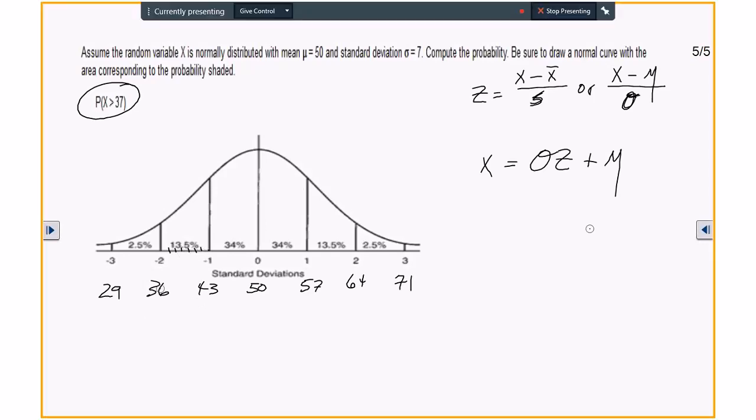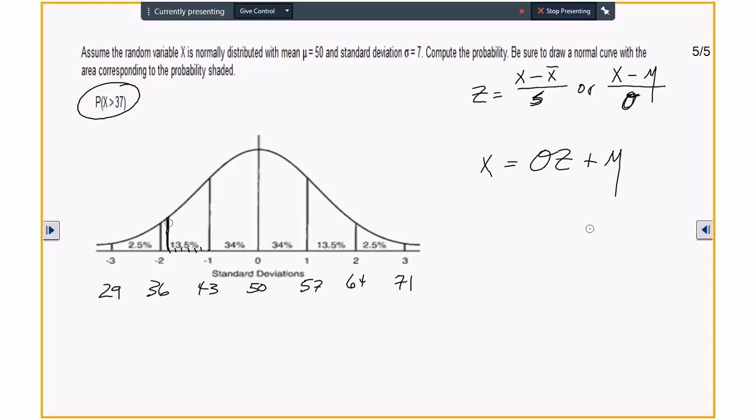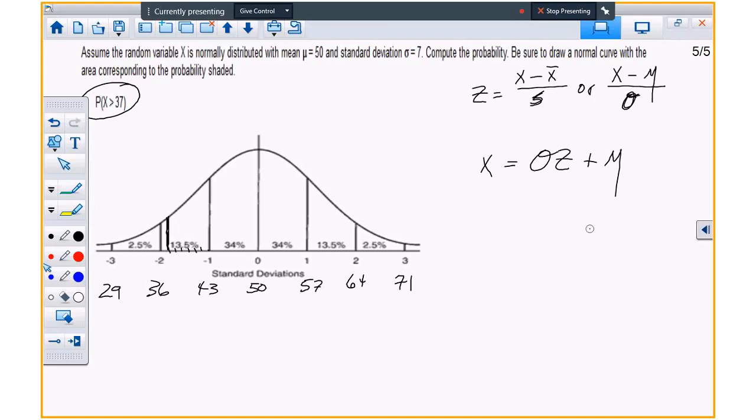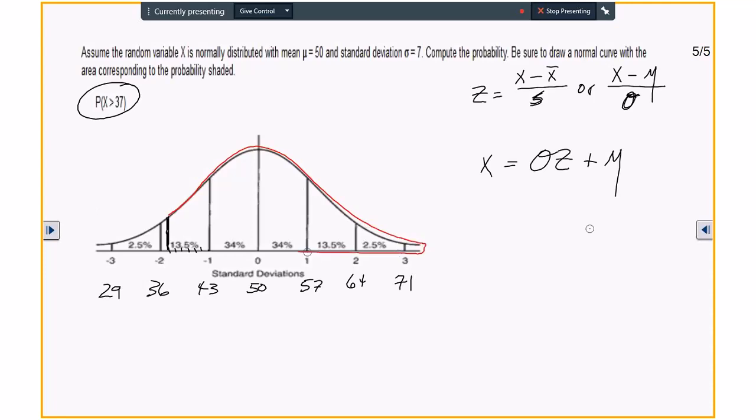So 37 would be right here. Let's say these are ages of people that get their driver's license or whatever, ages of people that have wrecks with the driver's license. What is the probability that the age is going to be above 37?